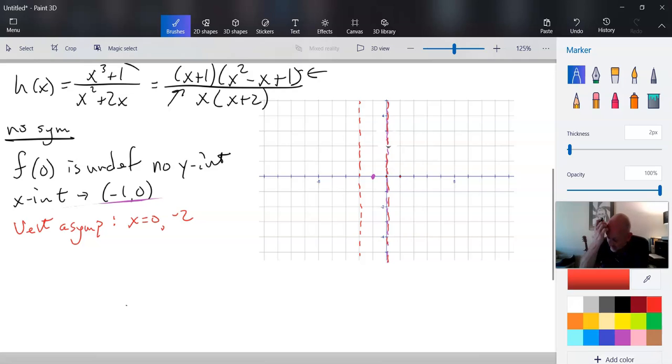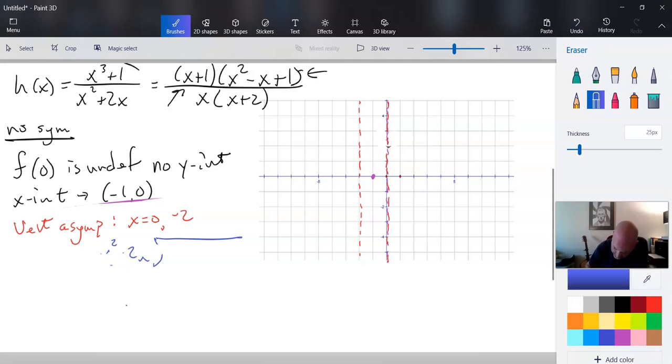Now I didn't show you the division of something that looks like this, but you can't do it with synthetic division. So we're going to have to do this division. So we'll do x squared plus 2x into, I'm thinking this needs to be lower.